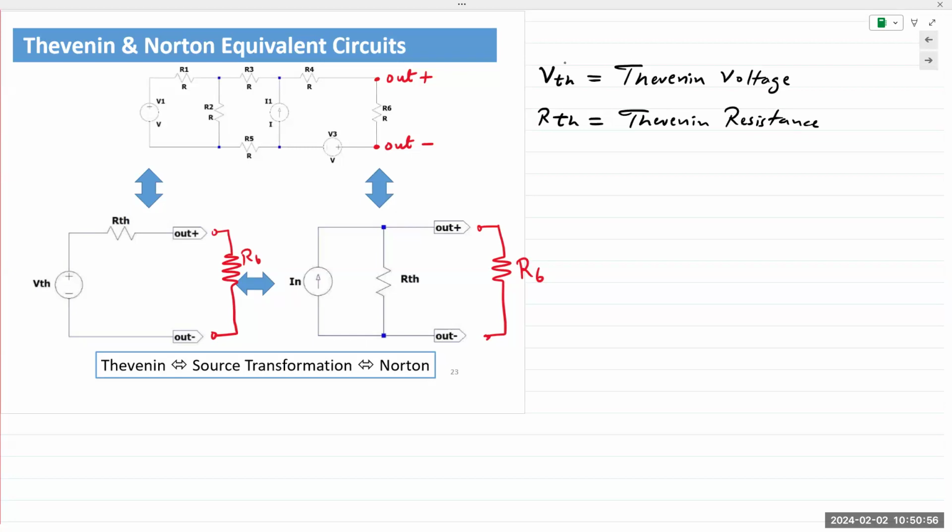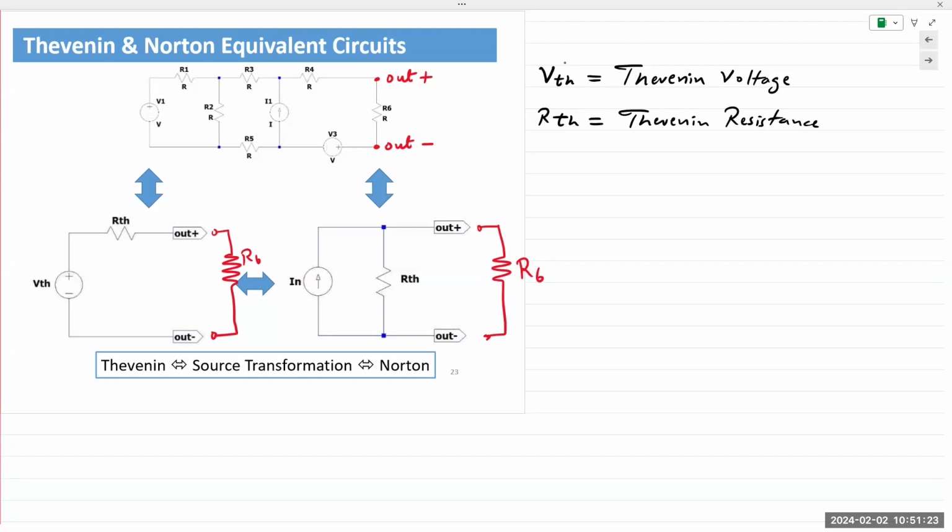A few years after Thevenin's theorem was published, there was a telephone engineer working for Bell Labs. Telephone equipment requires the usage of a lot of current sources, because you have to maintain constant current. So he found it easier to work with current sources for his equivalent circuits.